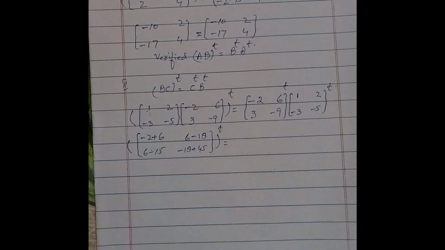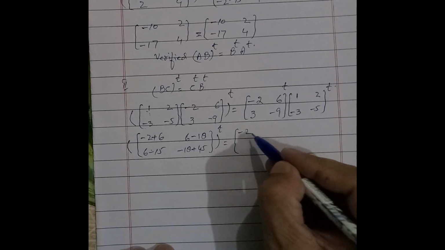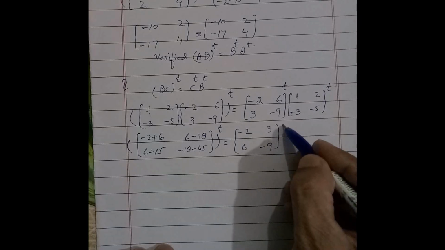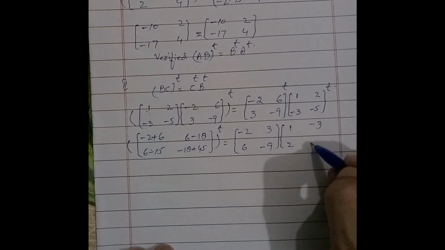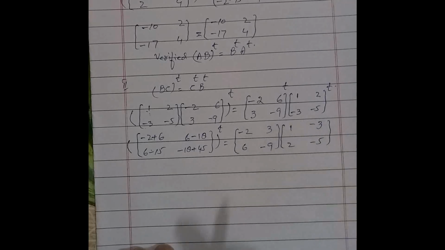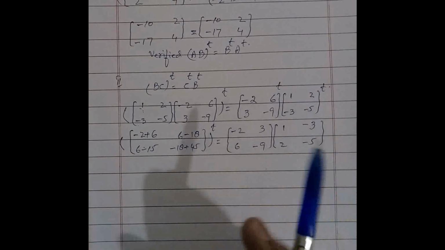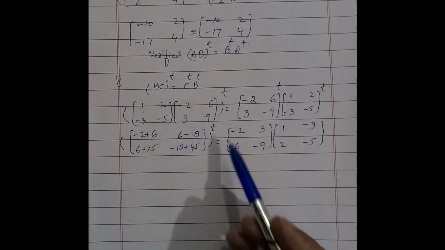Transpose. And on the right hand side we take the transpose first and then multiply these two values, which are -2, 6, 3, -9, and the second matrix is 1, 2, -3, -5. We take the transpose of C and B matrix first and then we multiply. On the left hand side we first multiply B by C because they are enclosed in the bracket, and then take the transpose.